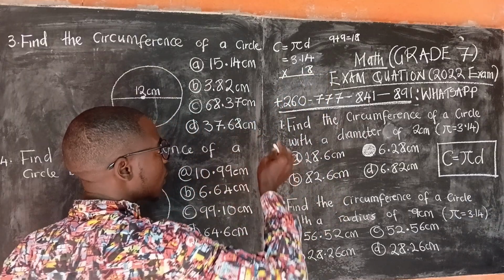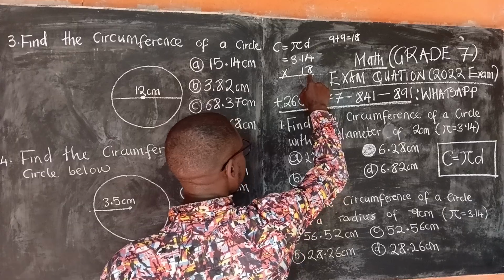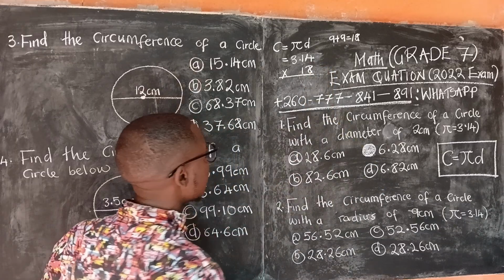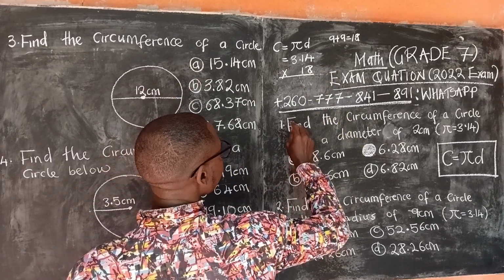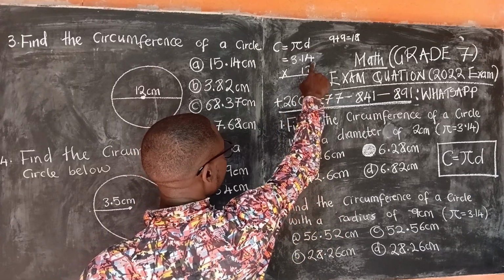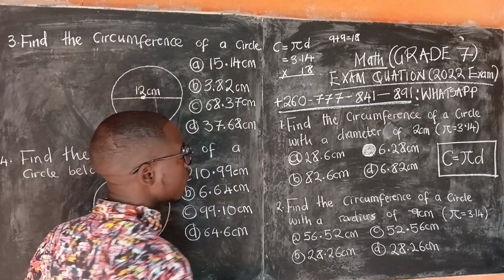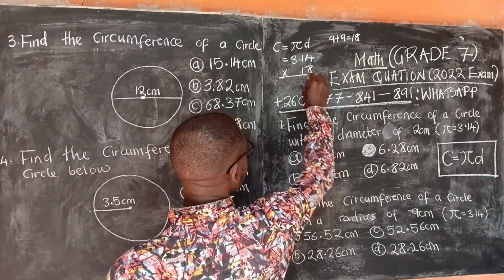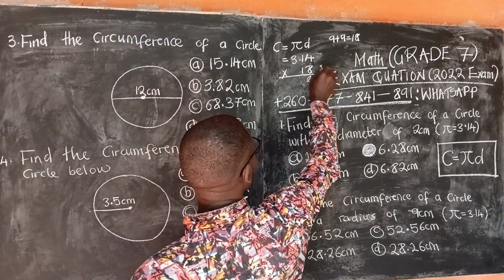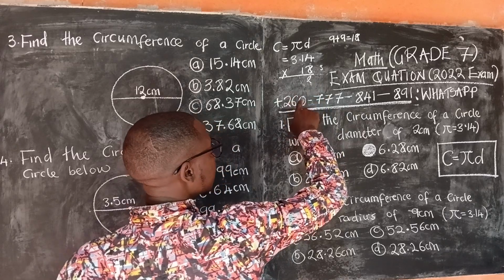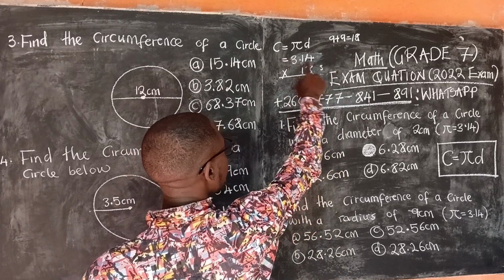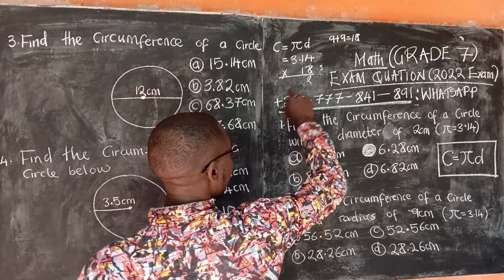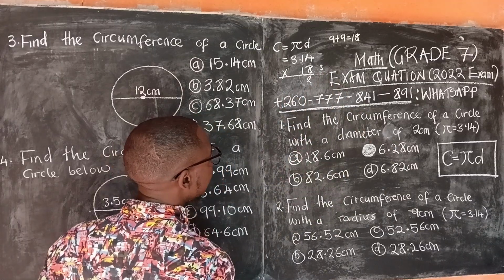So we are going to multiply this times this. 8 times 4, from there we are going to have 32. That's 2, okay? Then 8 times this, it is 8 plus 3, how many plus... 11.